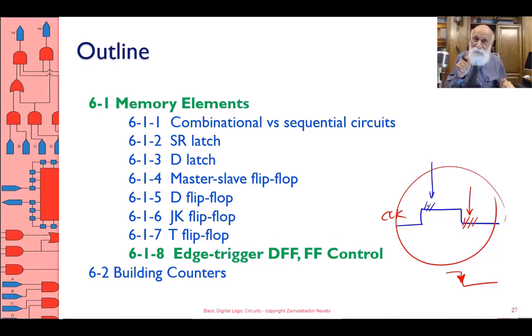What is wrong with that is timing. My structure requires this much of time at least for the input to go halfway, this much of time for the input to go forward to the output. Which means that the clock duration has to be at least equal to the blue area.